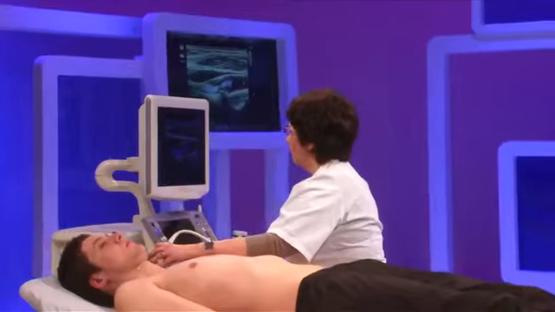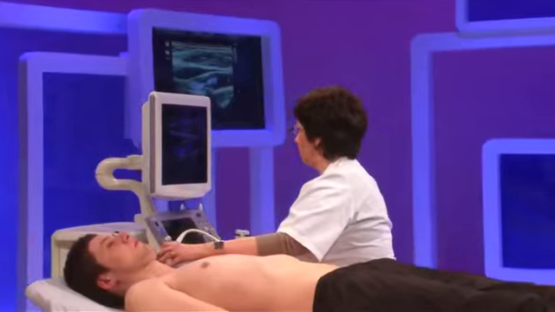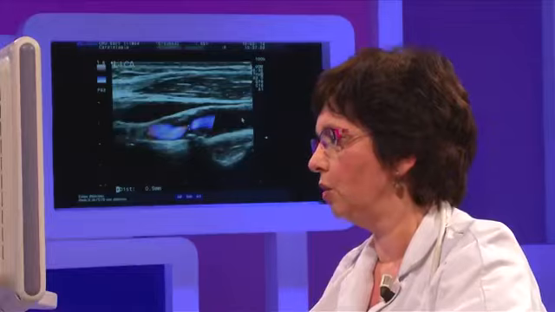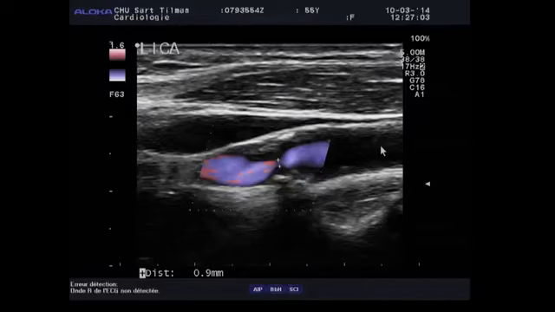Now we're going to try to measure the stenosis. The image is quite good, so we're going to measure it with planimetry. And I measure it here. It's 0.9 millimeters. There are two ways of measuring carotid stenosis.